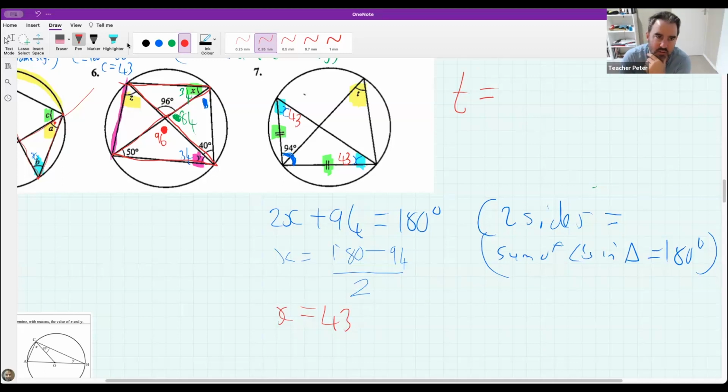If I know that this one up here is 43 and this one is 43, you can see that we can use this as the common base, the chord, that I subtend that, but I can also subtend that. And so this is 43 degrees, angles in the same segment. And that's it. So that actually wasn't so bad. You just had to do a little bit about triangles first, and then you could do the angles in the same segment idea.